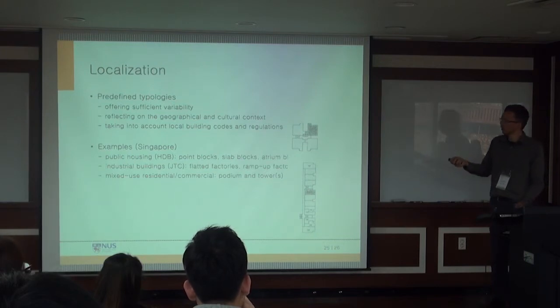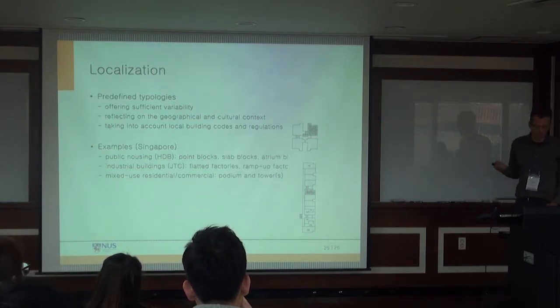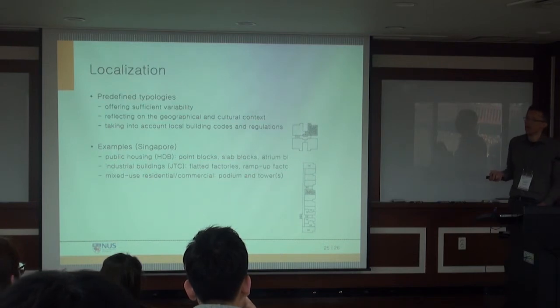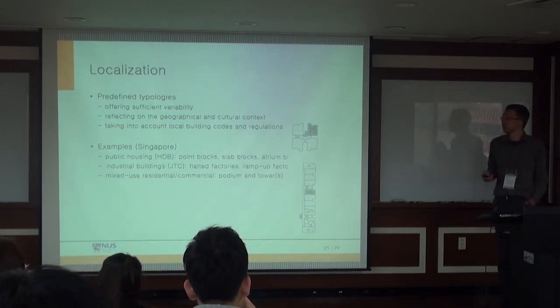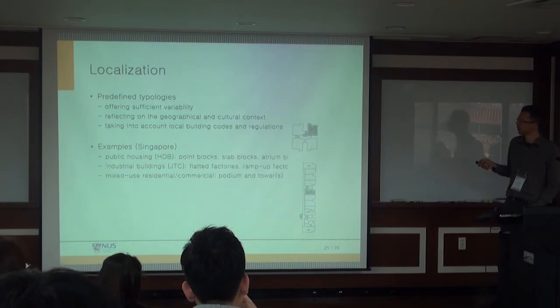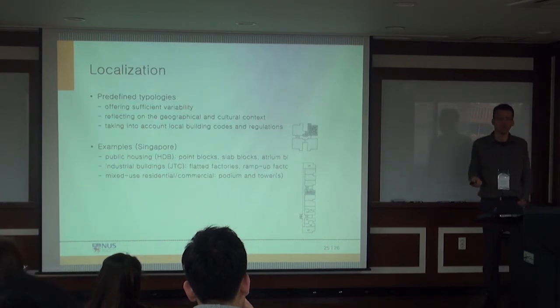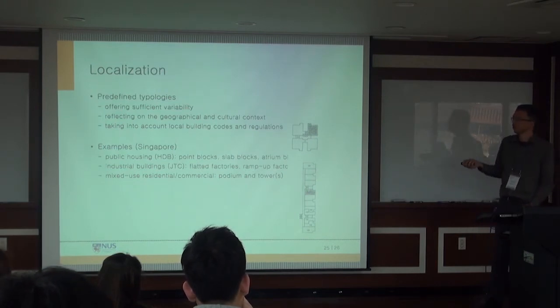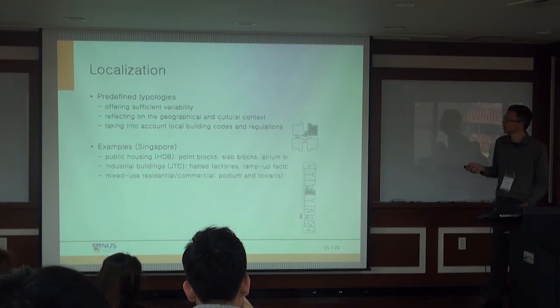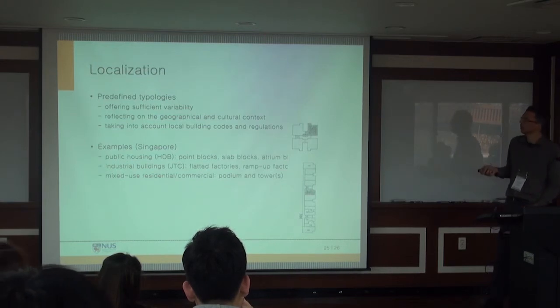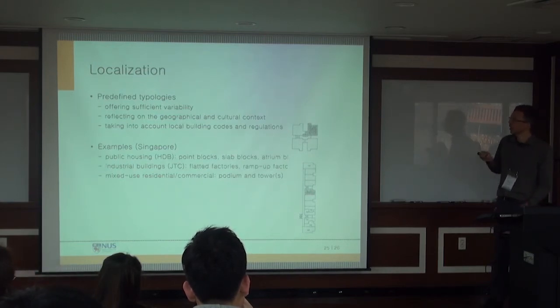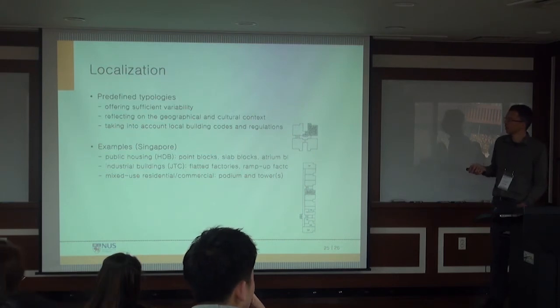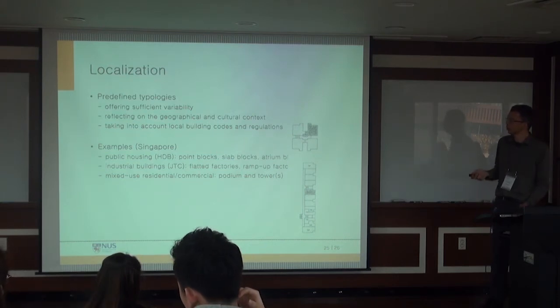So if we're looking at the Singapore context, for example, in terms of public housing, HDB is the agency that develops all the public housing. They have very specific typologies: point blocks, slab blocks, atrium blocks. The apartments, they have very limited apartment types, basically. So it's relatively straightforward to define these as typologies in a parametric model, so that the students can make direct use of this.